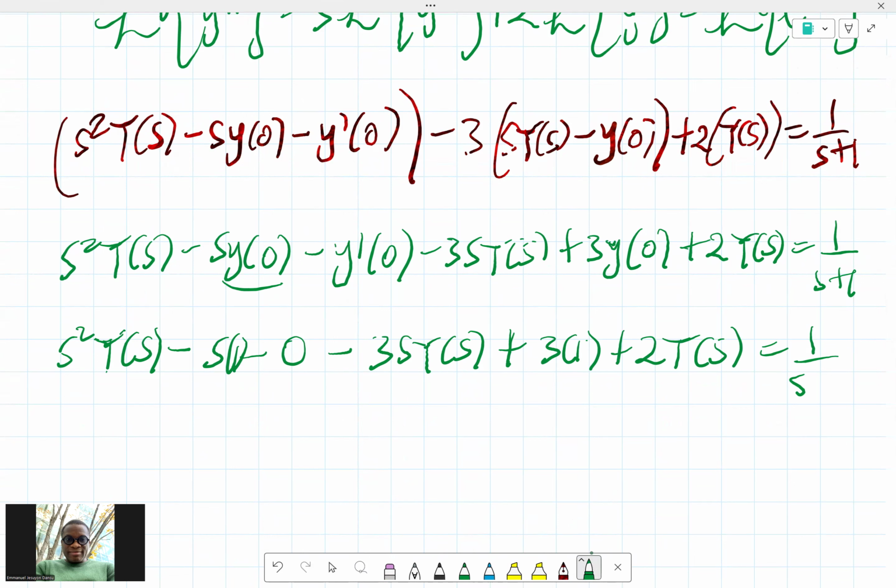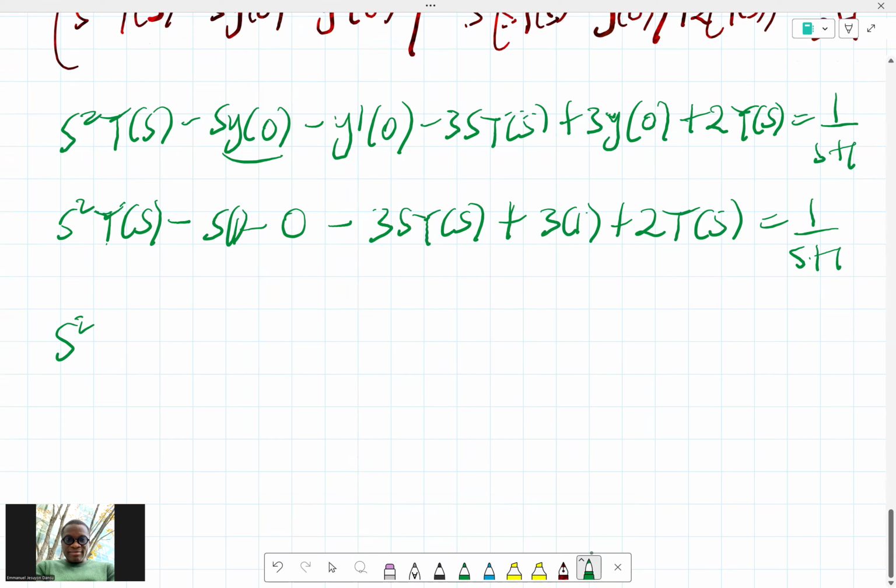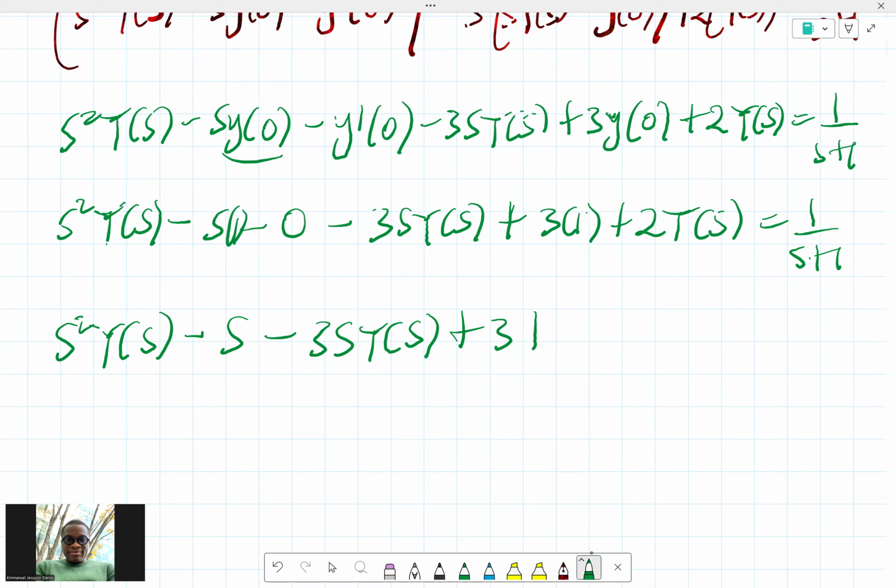That is 1 over s plus 1. So again, we have s squared y of s minus s, y prime of 0 is gone, minus 3s y of s plus 3 plus 2y of s equals 1 over s plus 1.